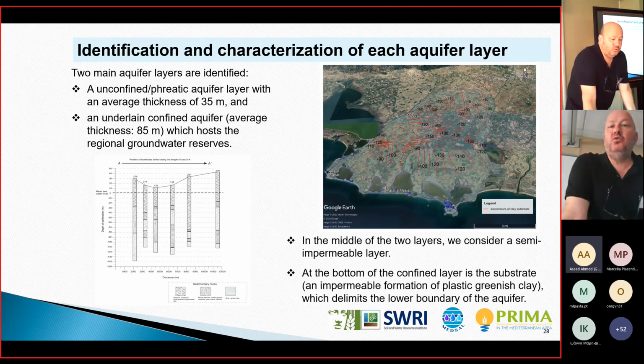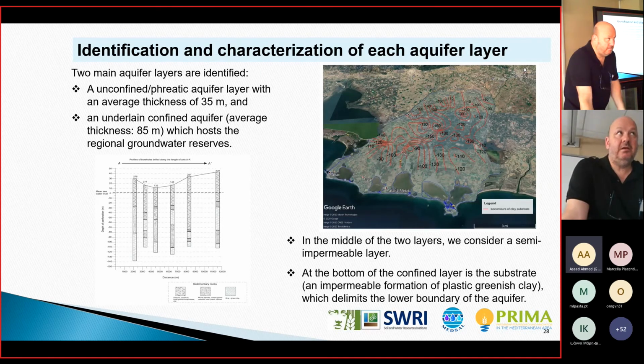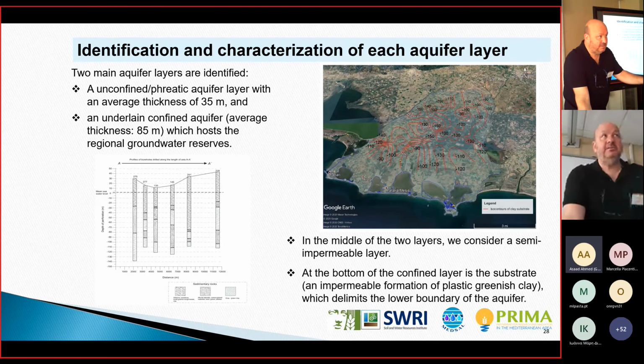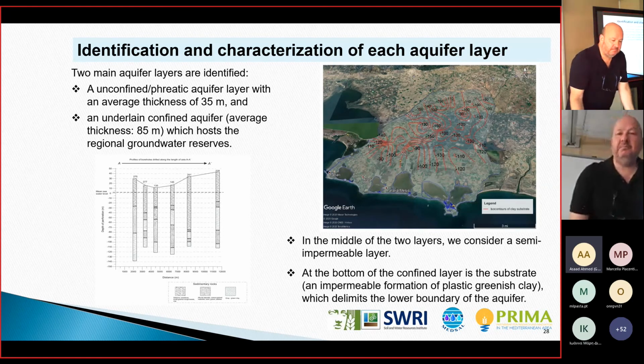Between these two aquifer layers we consider a semi-permeable layer, and at the bottom of the confined layer is the substrate, which is the impermeable layer that delimits the aquifer system.